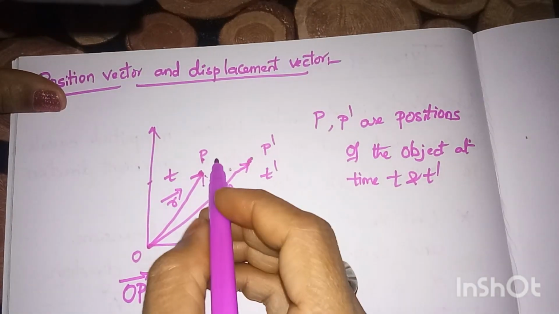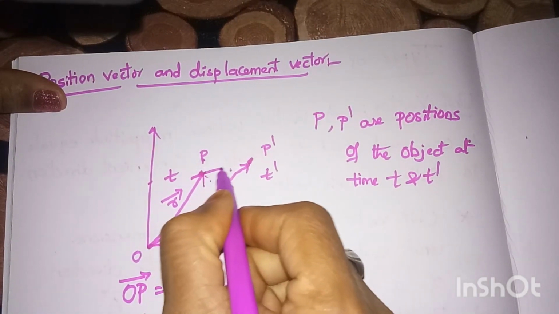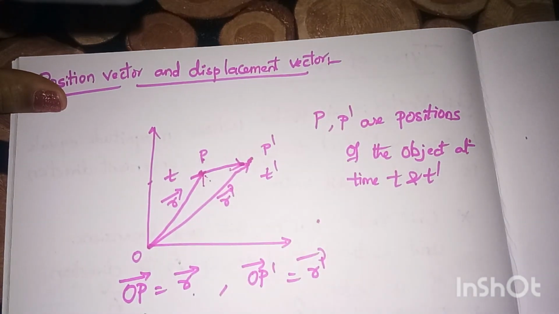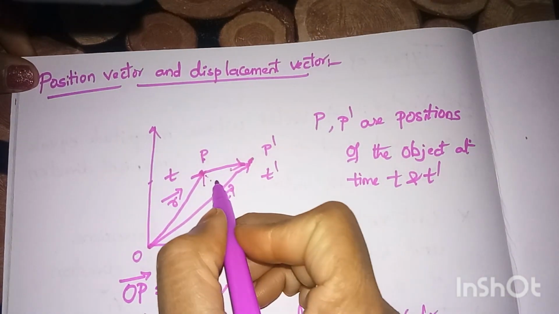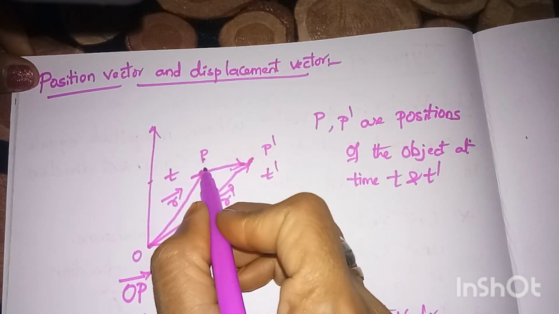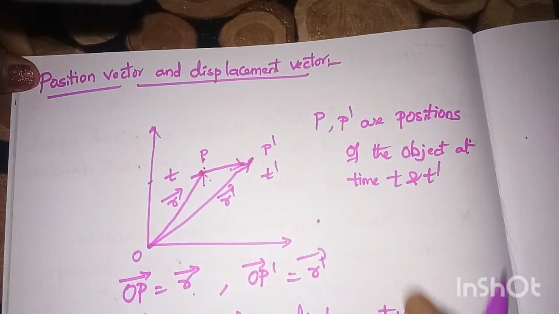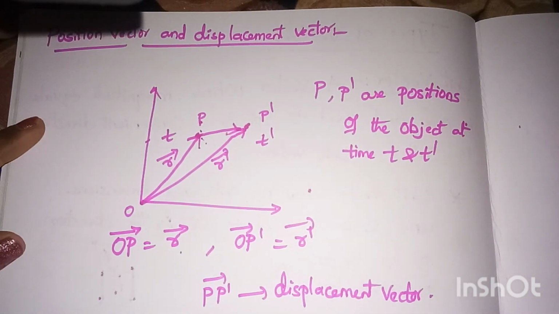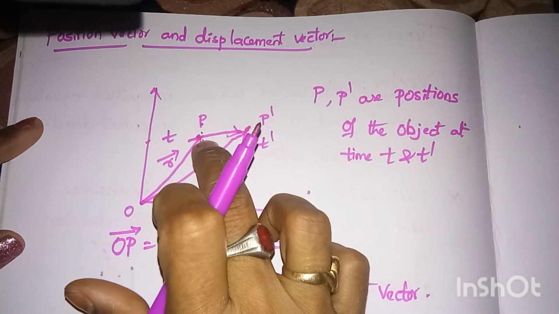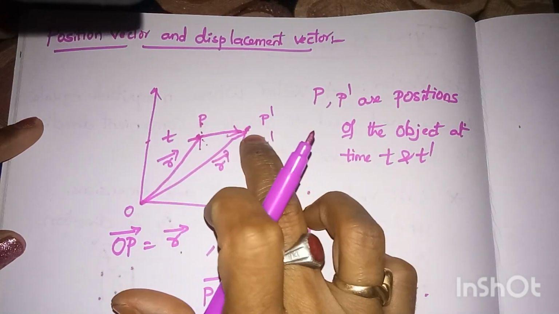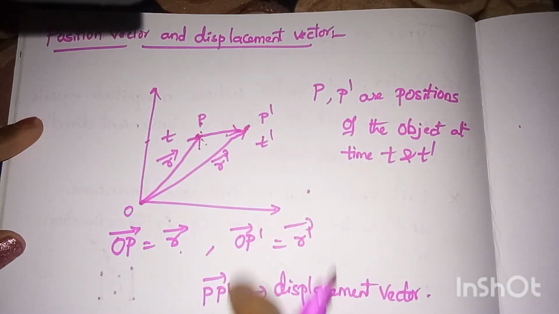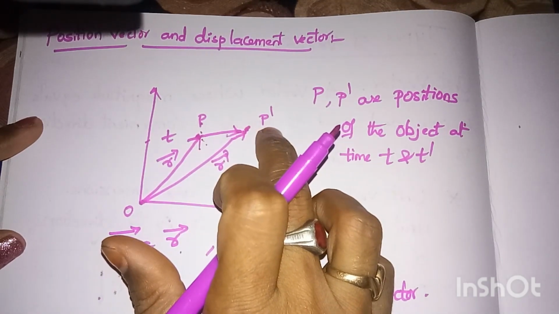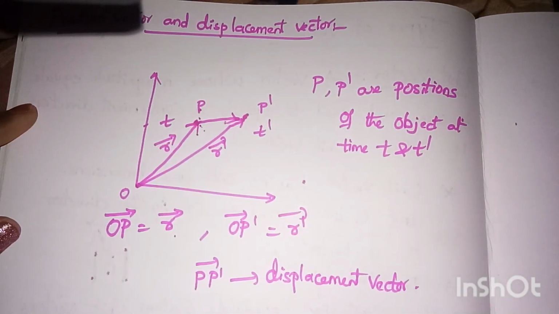A straight line joining p and p dash represents the displacement vector. The motion of the object from p to p dash is called the displacement vector, meaning the tail of the vector is at p and the tip is at p dash. So the motion between two positions of the object can be represented as a displacement vector.